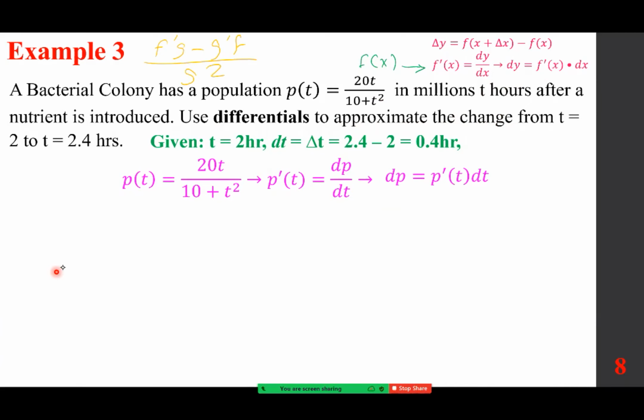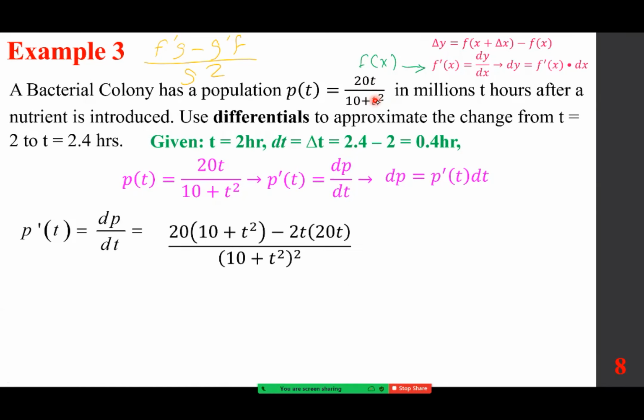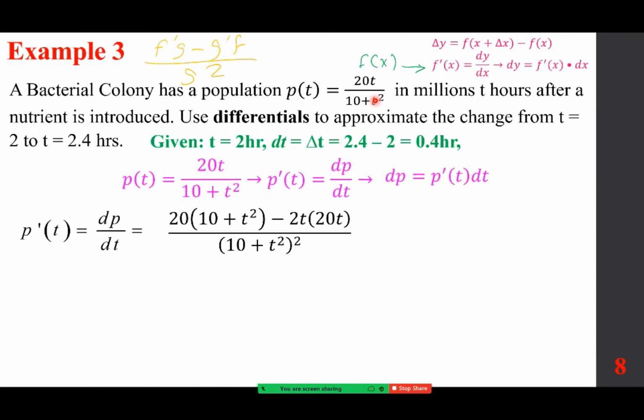So we want P prime of t or dP dt. The top gives you 20 times the bottom, minus the derivative of the bottom, which gives you 2t, times the top, which is 20t, and just write the bottom squared. So again, 20 times 10 plus t squared minus 2t times 20t, over the bottom squared.